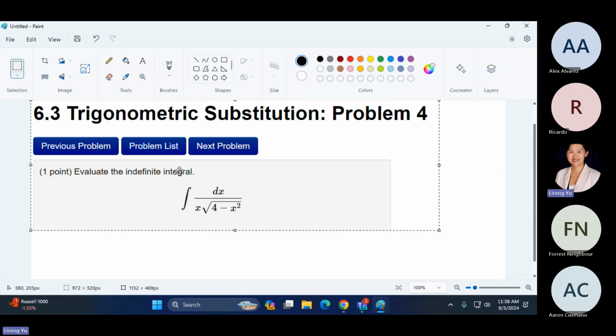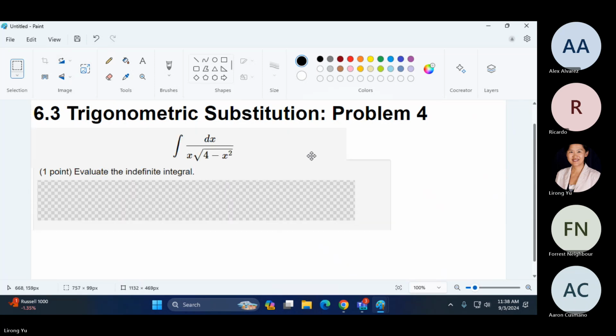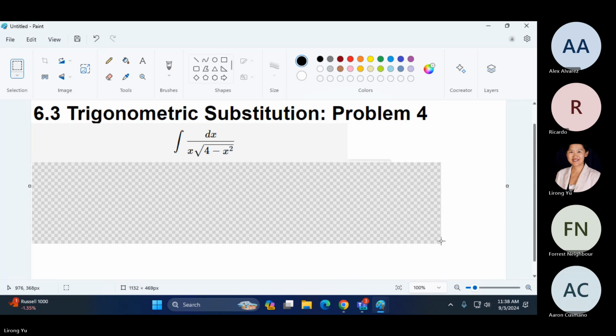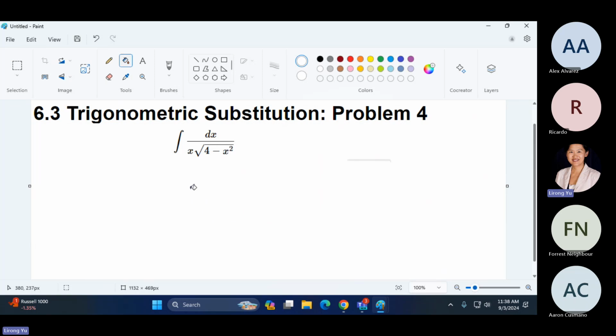Right, so what we're going to do is make x equal to 4 times sine theta.